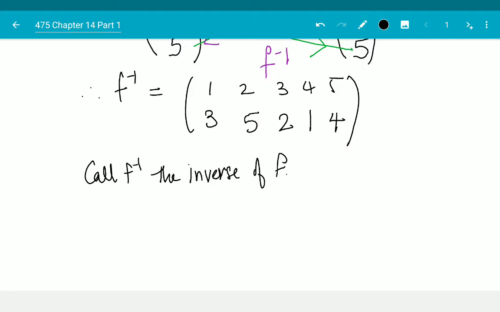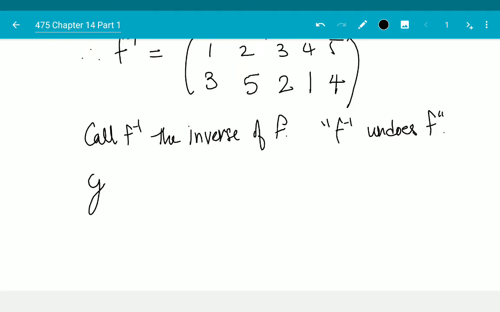And what does it do? Well, it undoes f. f inverse undoes f, it's moving them all back. So there are 3 ways of looking at f inverse. Given a permutation f from X to X, f inverse is described as follows.